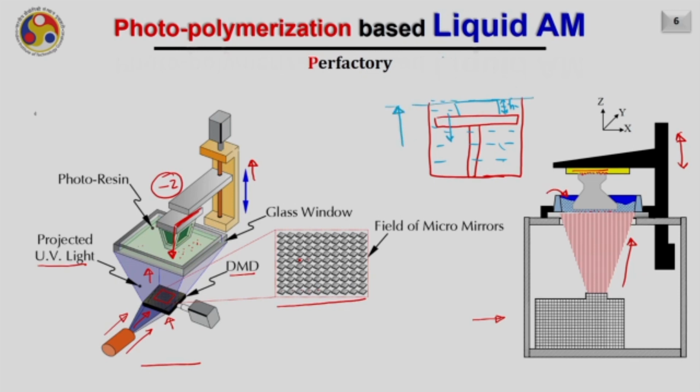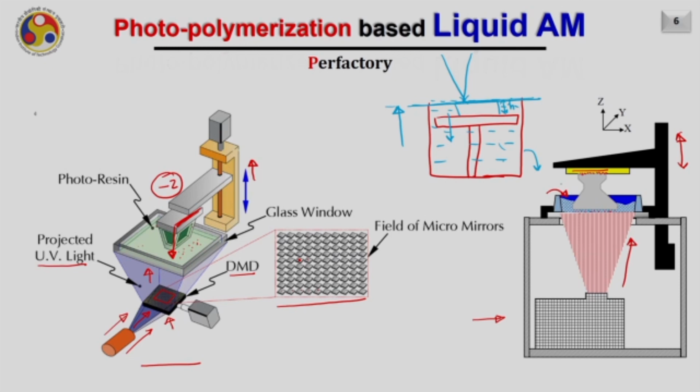Why at this location? Because the laser light that was falling from the top has a focal point at this level only. Therefore, each time your liquid tank has to be filled completely with the wet photopolymer. While in this case, the minimum requirement of the material is just equal to the layer thickness.